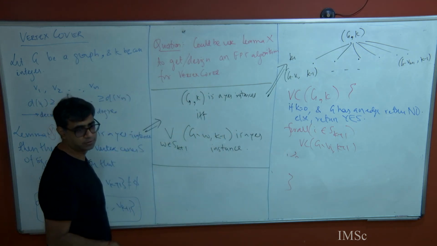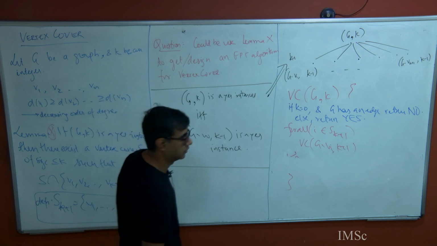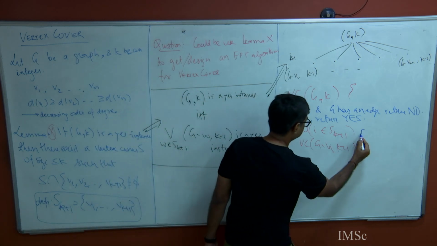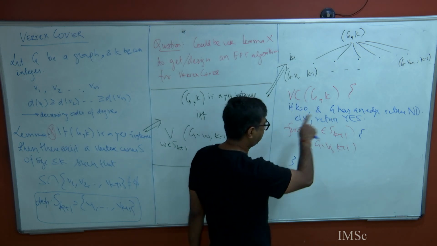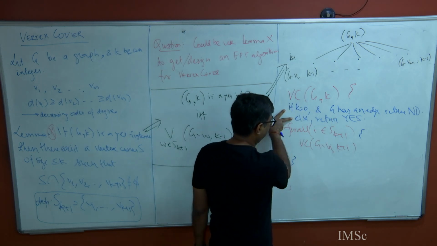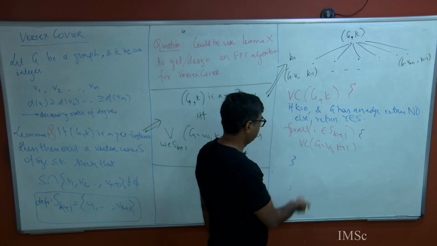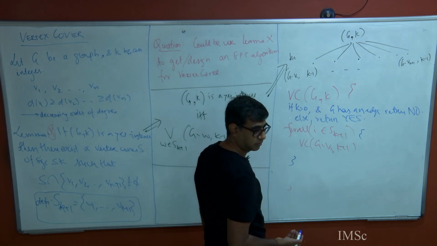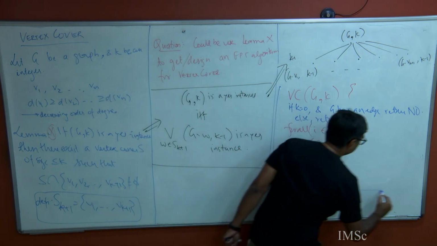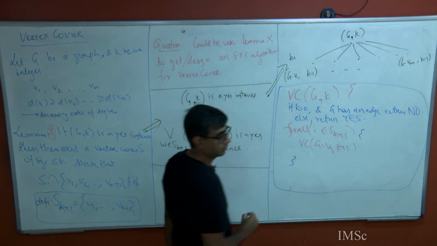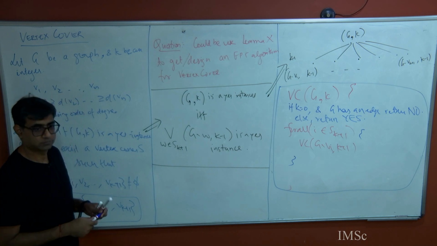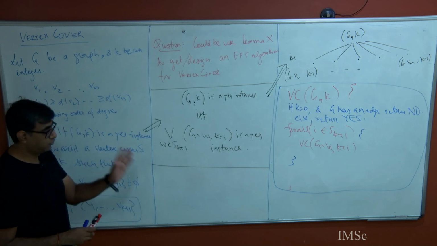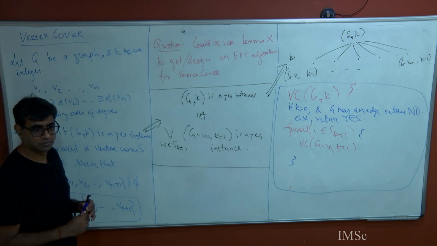You can go and code it yourself in a C program and this will work perfectly fine. If k equals 0, we do this. If k is not equal to 0, I will come here and I will do these things. That is it. So this is my code. At least in C this will work.